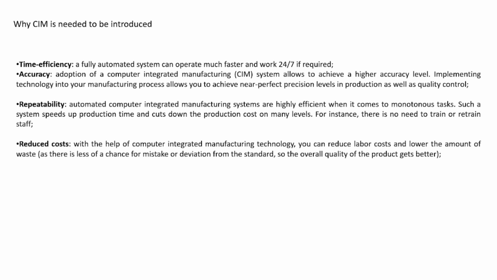Being a computer integrated manufacturing system, it allows high accuracy by implementing technologies to achieve near perfect precision levels. So precision is also increasing through the CIM process. And flexibility: with computer integrated manufacturing, companies can quickly react to market conditions and return to previous settings when market conditions change. So these are the flexible properties we are seeing here.